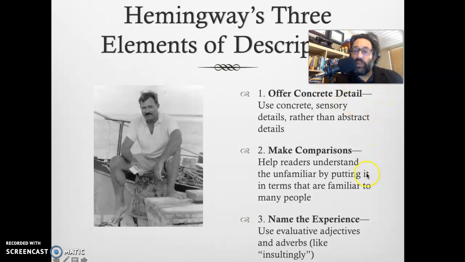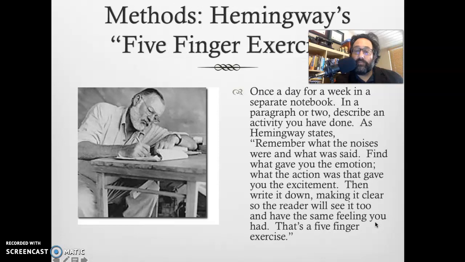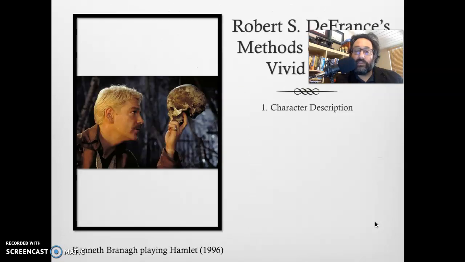He gives us three techniques here to add description to our writing: offer concrete details, make comparisons, name the experience. Be specific, and as he says here, use evaluative adjectives and adverbs. He gives you the 5-finger exercise.